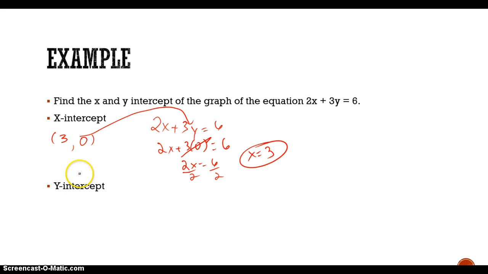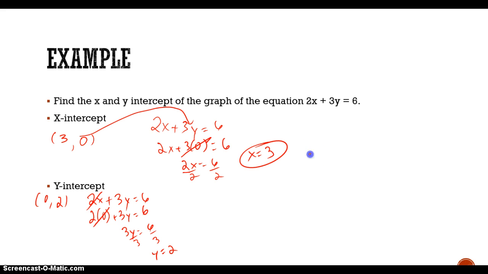Okay, the y-intercept, plug in 0 for x now. So 3y equals 6, divide by 3, y equals 2.